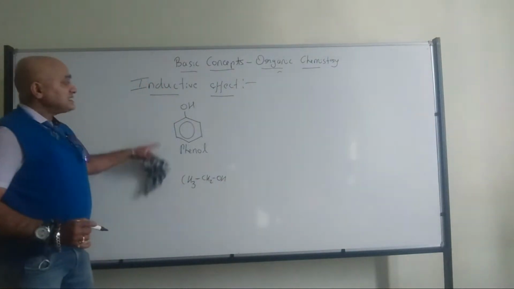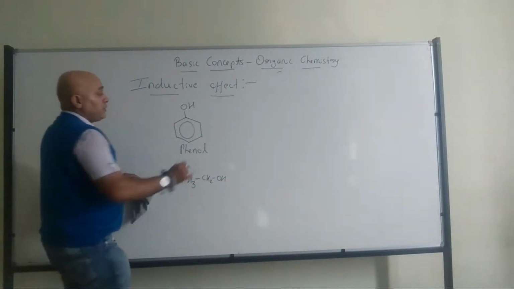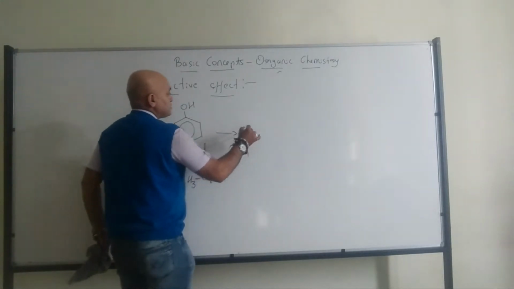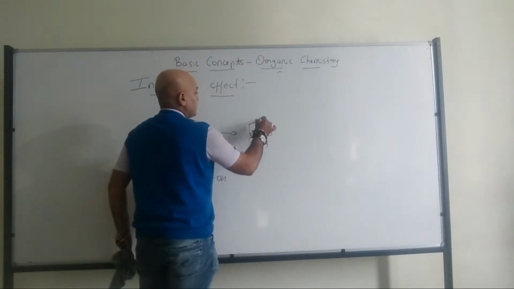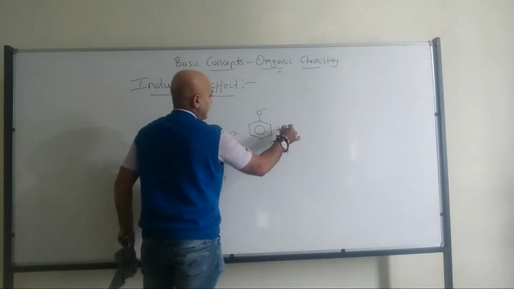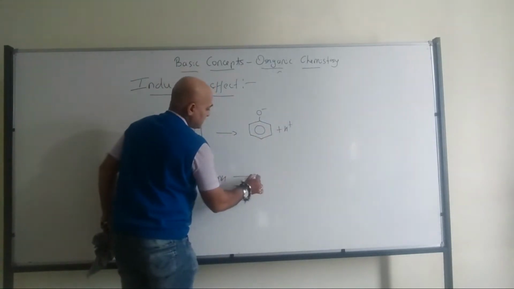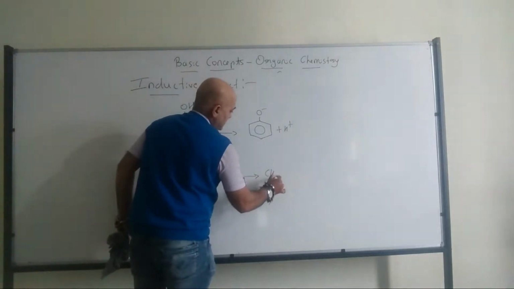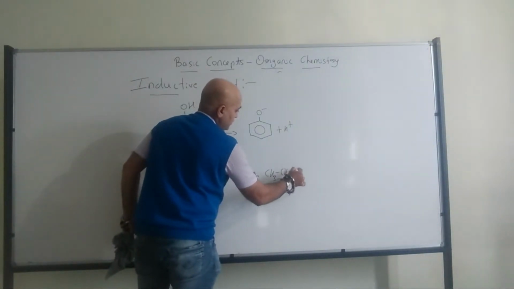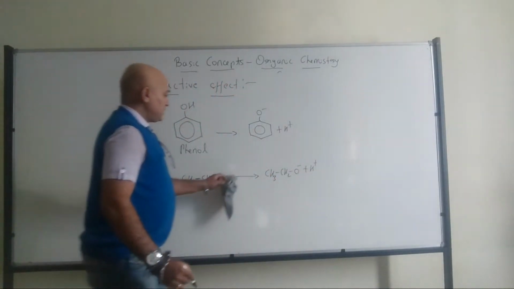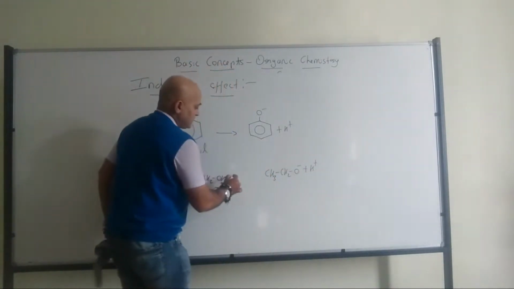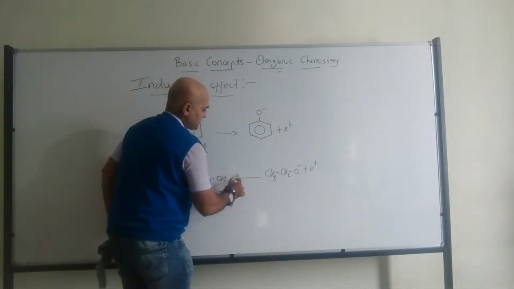In this case, among these two, both can be dissociated as C6H5O minus H plus, and CH3CH2O minus H plus. If I want to go with the arrow, I can show it like this.